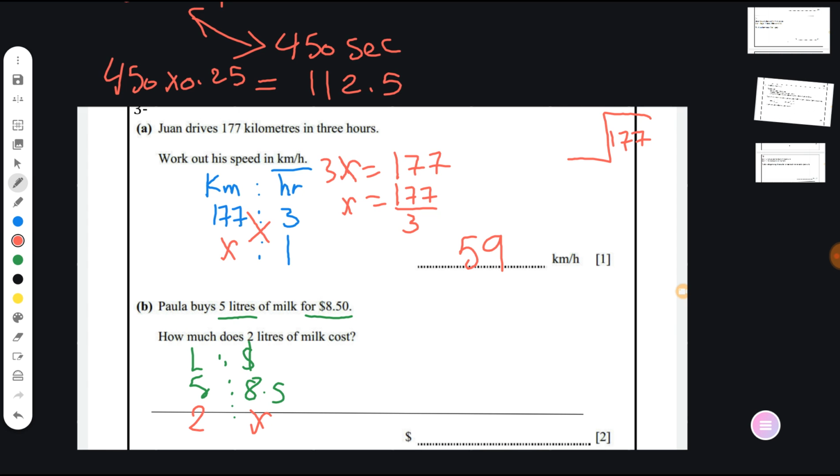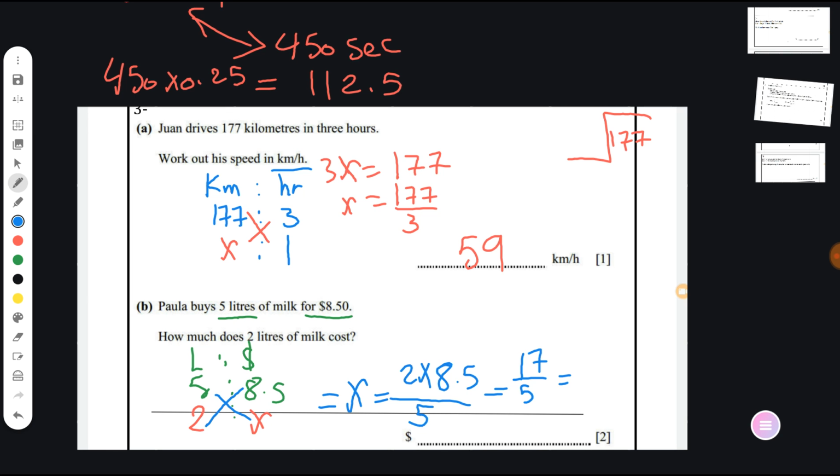Make cross multiplication. x equals, the number with x is always down, so it will be 5 down, and up we multiply 2 by 8.5. Multiplying 8.5 by 2 gives 17, so x equals 17 over 5.